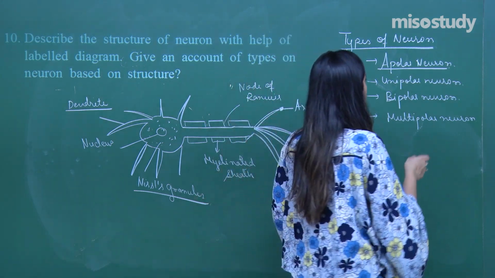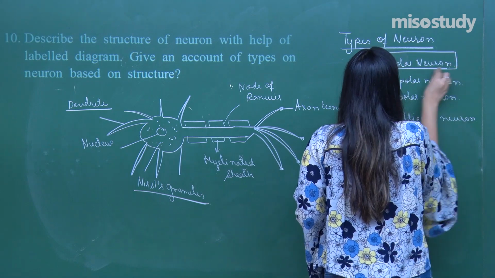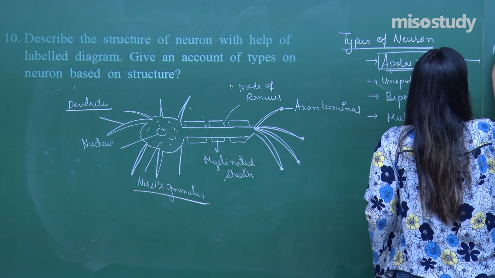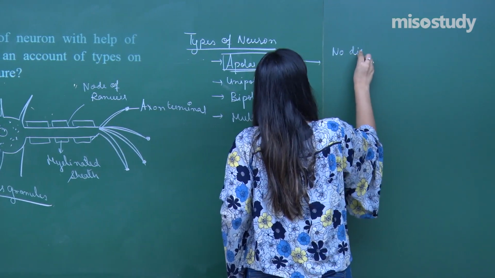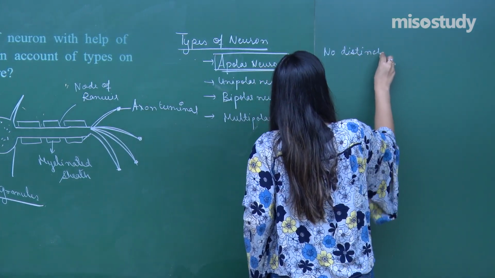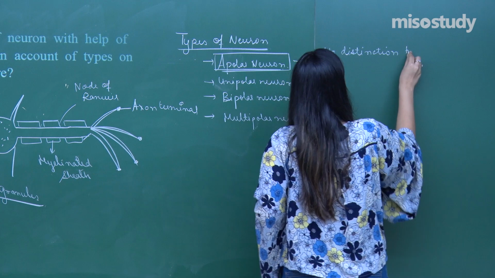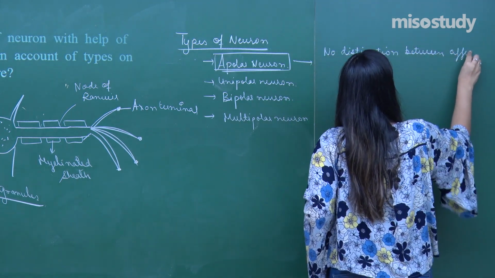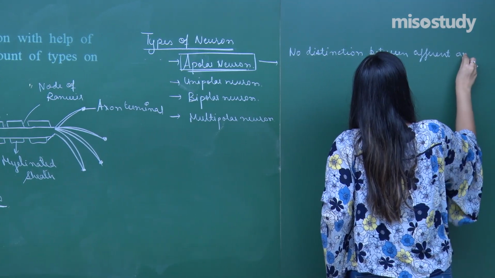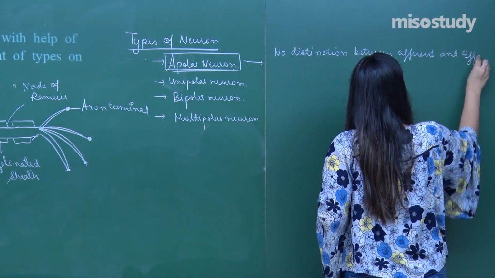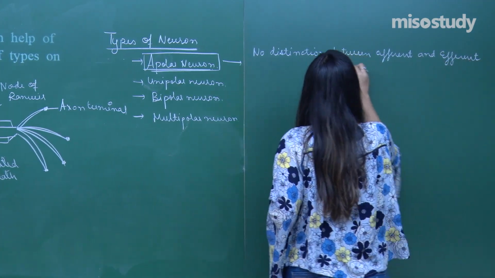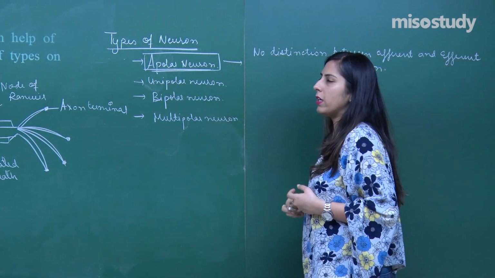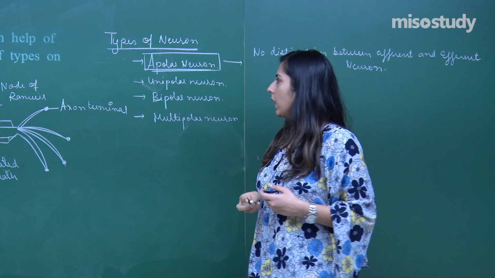In the case of an apolar neuron, there is no distinction between afferent and efferent neuron.